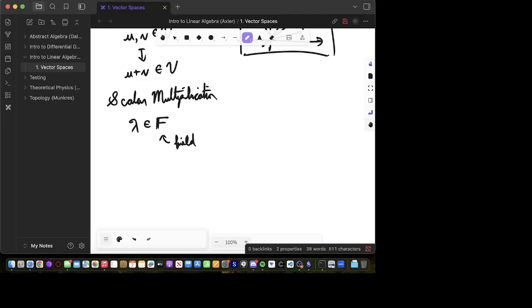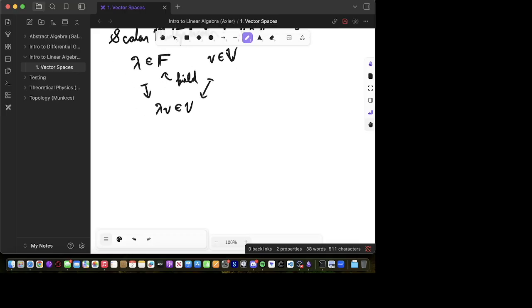For our purposes, you don't really need to know what a field specifically is, though it will be helpful if you do know. Just think of it as real numbers or complex numbers, because that's what we're going to be using most of the time. And if we have element v in the set V, then we get an element lambda times v, which is also in V. So it takes an element in V and an element in the field and maps it to an element in V.